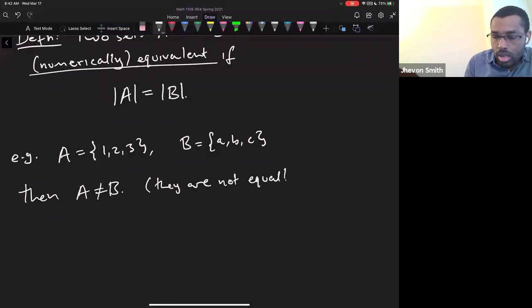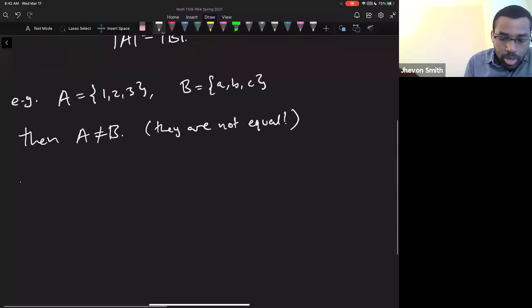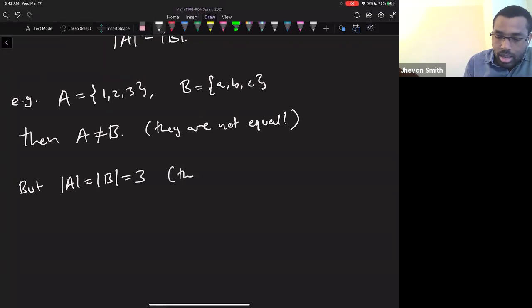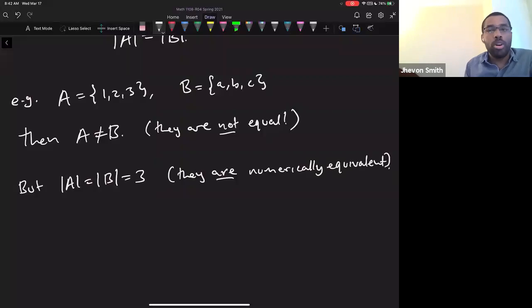However, the number of elements in A and the number of elements in B is both 3, which means they are numerically equivalent. So in terms of the number of things, they have the same number of things.